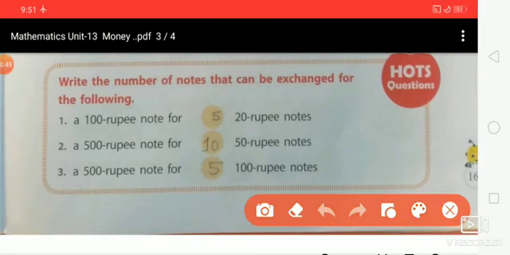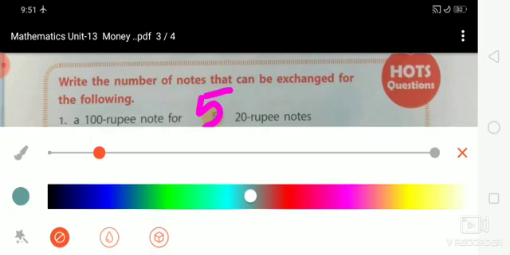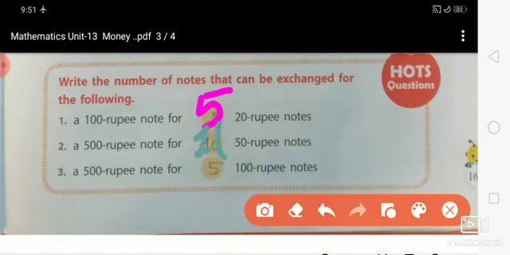Second one, a 500 rupees note for 50 rupees notes. 10 notes of 50 rupees equal 500 rupees.